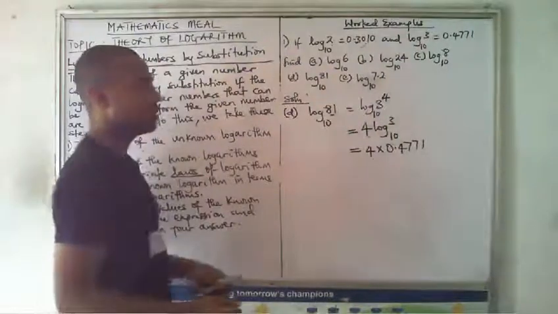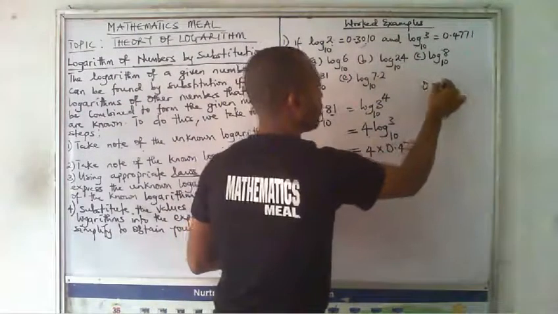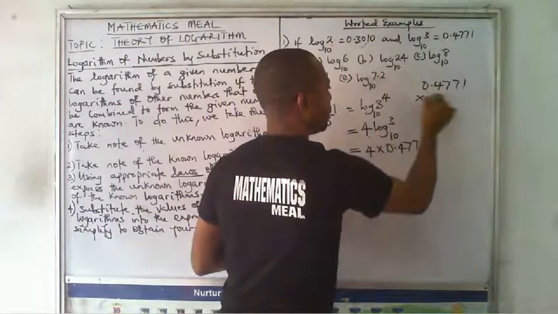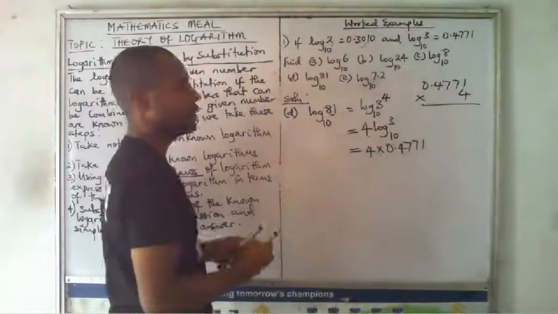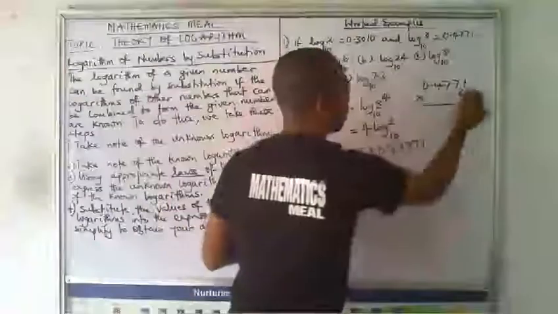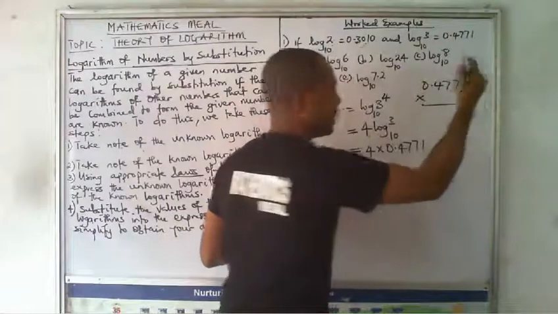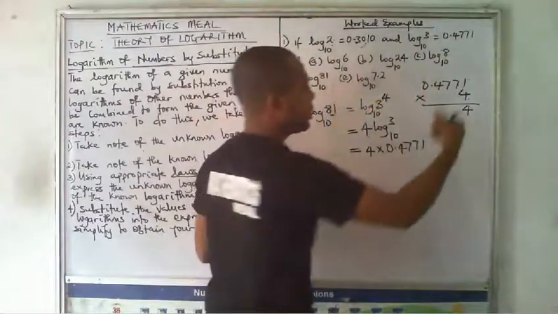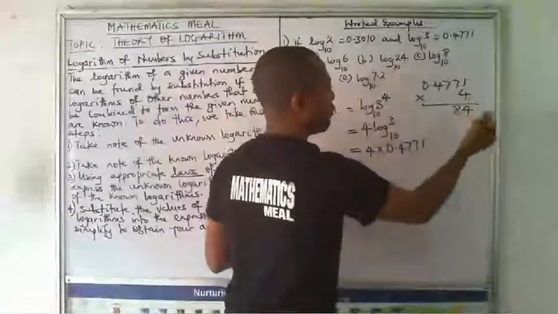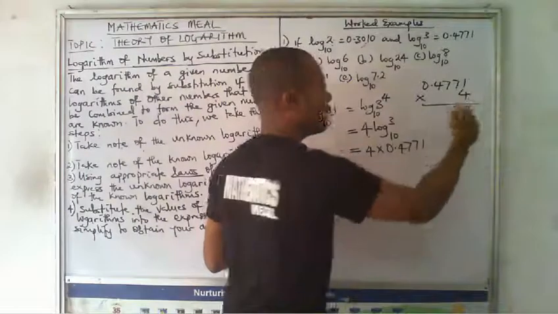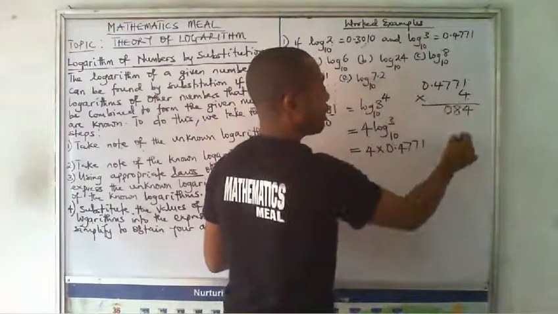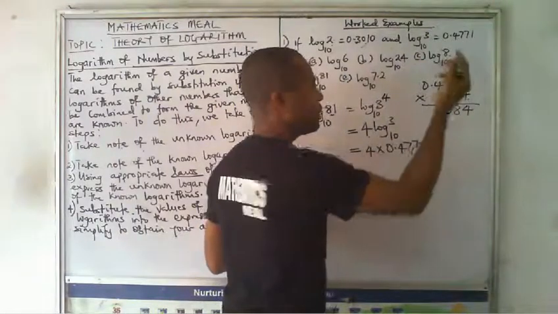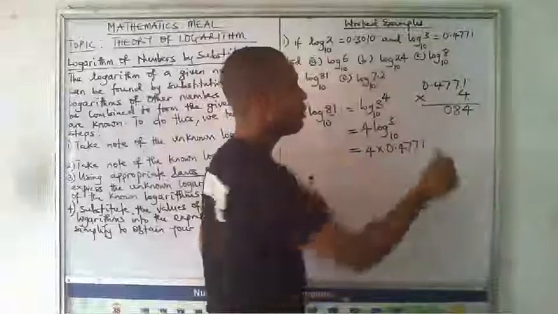So let's carry out the multiplication of the 0.4771. These days, many students will just use a calculator. Well, let's keep our calculator by the side. 4 times 1 is 4. 4 times 7, we still know is 28. We write down our 8. Take 2. 4 times 7 is still 28. When we add 2, it is 30, so we write 0 and have 3 remaining. 4 times 4 is 16, plus that 3 will give us 19.